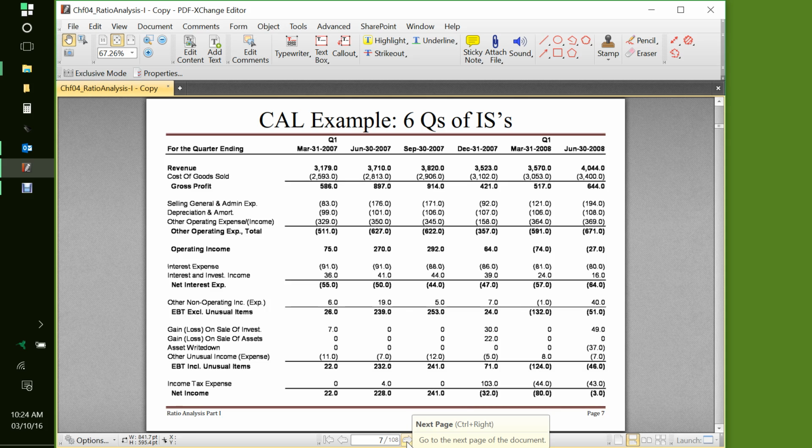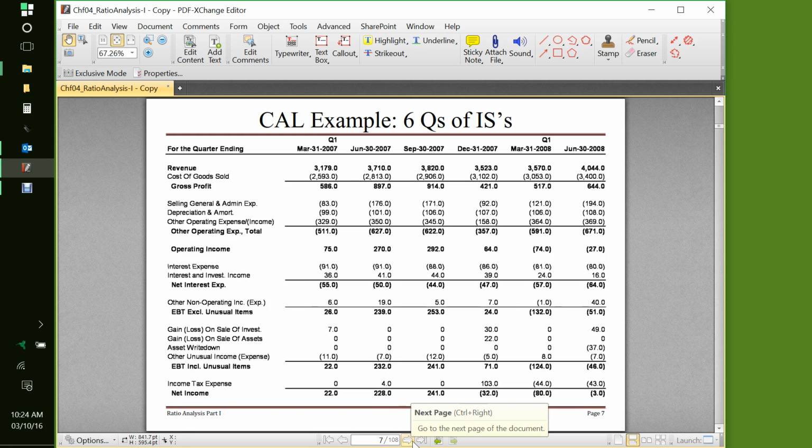Something like a commercial bank, for example, like Wells Fargo, would be a good example of a non-seasonal company. Typically, people's banking does not move up and down too much with seasons.